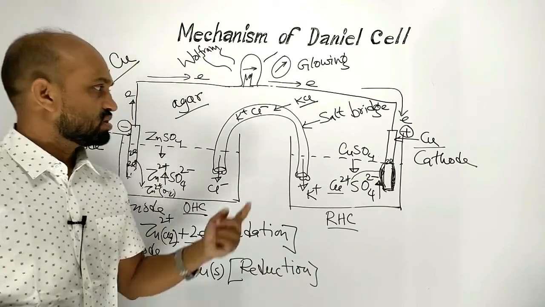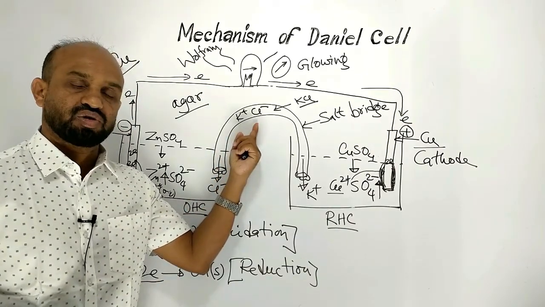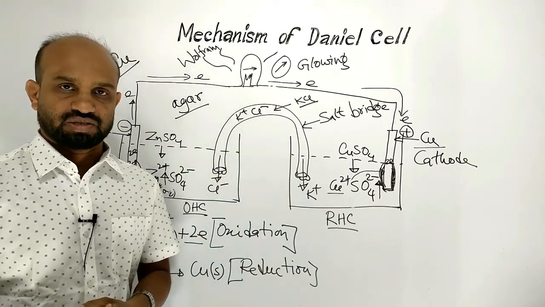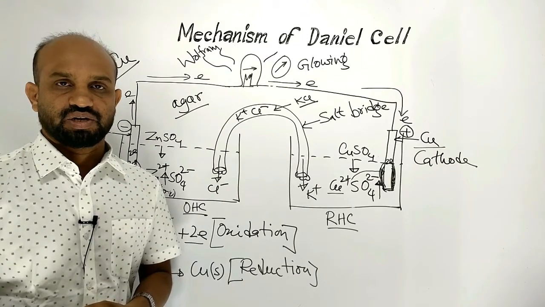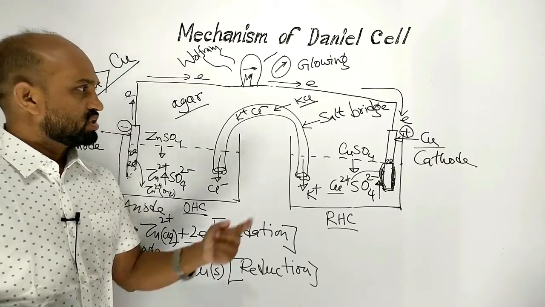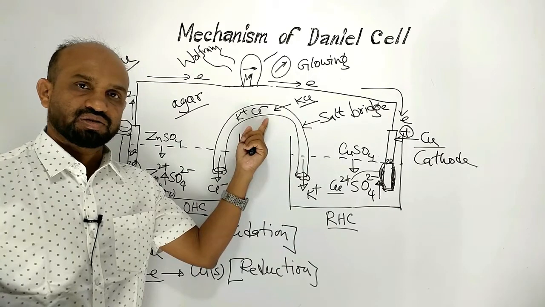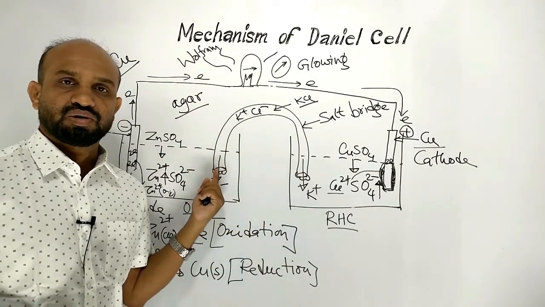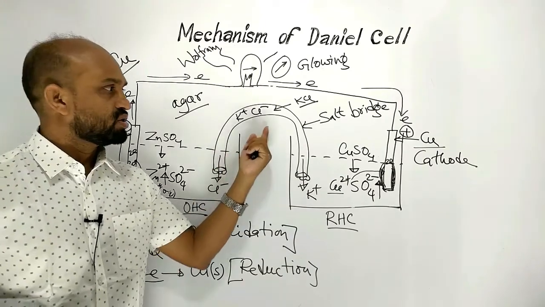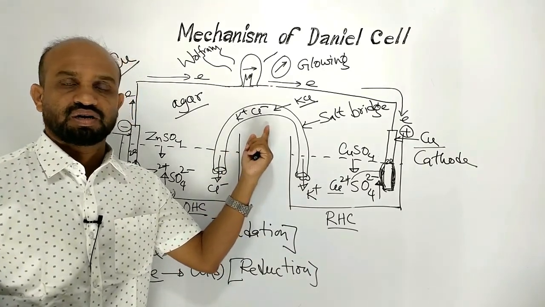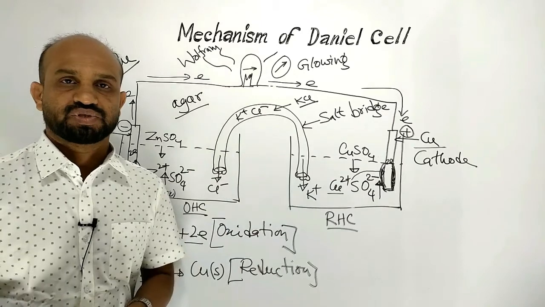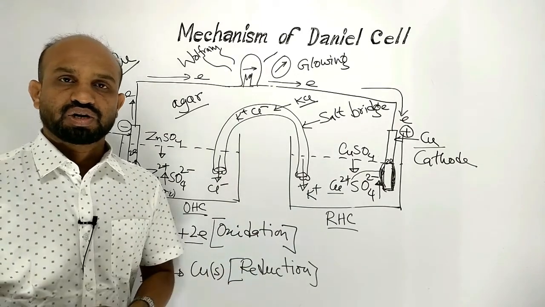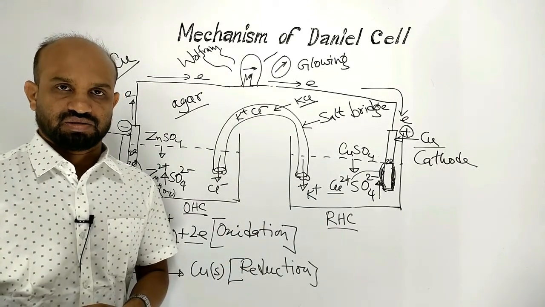As a result, it helps continue the flow of electricity, the production of electricity. So this is the device, the salt bridge, that connects two half cells and provides necessary ions in two half cells to neutralize electrical imbalance.